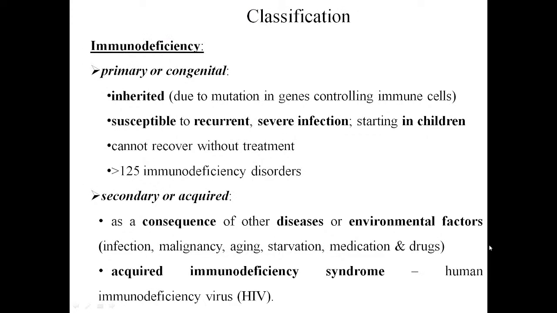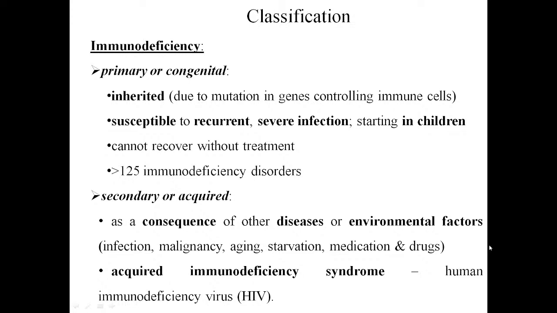Primary or congenital immune deficiencies are inherited. I say to you that they are caused due to mutation in genes controlling immune cells. So these genes are defected, genes in immune cells. How can we see immune deficiency in patient? Or what are clinical manifestations?